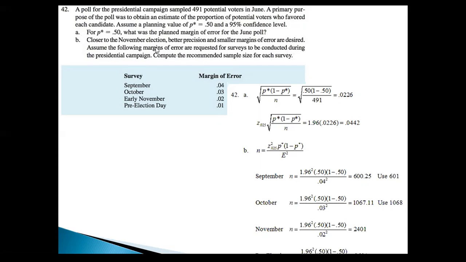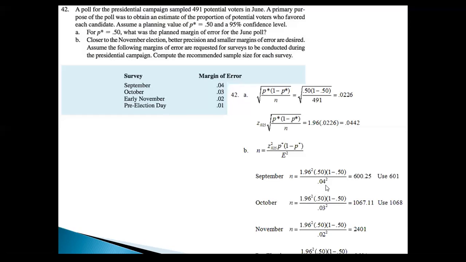Now, closer to the November election, better precision and smaller margins of error are desired. Assume the following margins of error requested for surveys to be conducted during the presidential campaign. Compute the recommended sample size for each survey. So now we want a margin of error of 0.04 for September, 0.03 for October, 0.02 for early November, and 0.01 for pre-election day. So again, we're going to use that 0.5 for the p star, and all we're going to do is change the denominator.